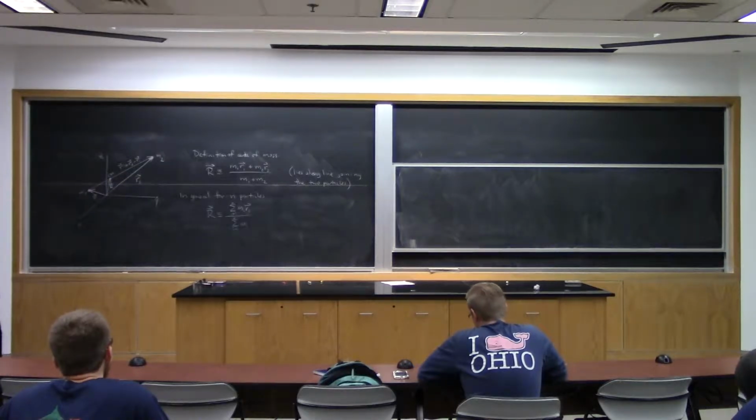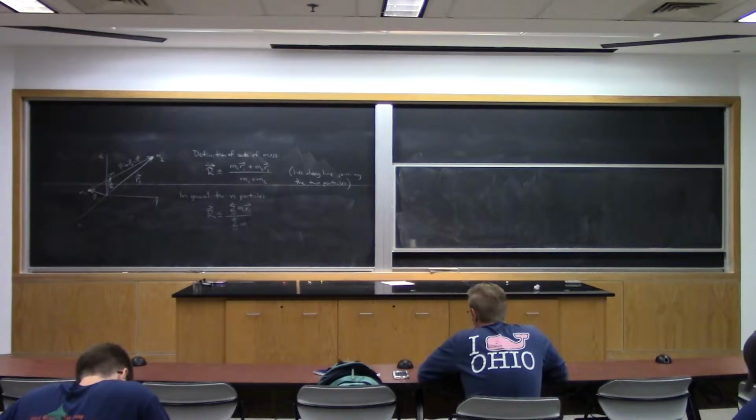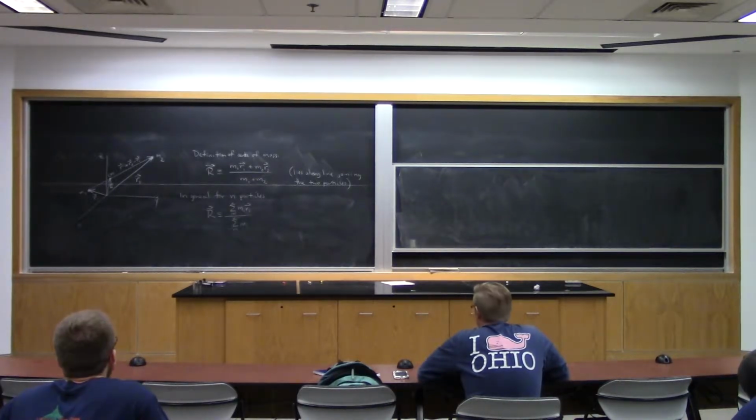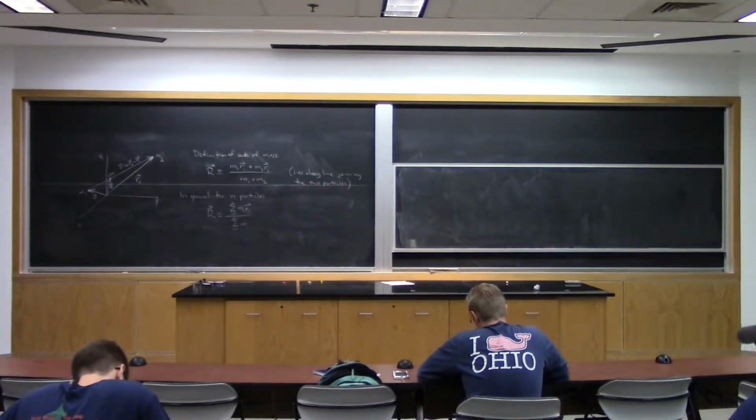So if there were three particles, it would be M1R1 plus M2R2 plus M3R3 over m1 plus m2 plus m3, for example. And in that case, there's lots of lines between the particles, and it doesn't lie anywhere along any one of them necessarily. So it's just somewhere within the distribution of particles.